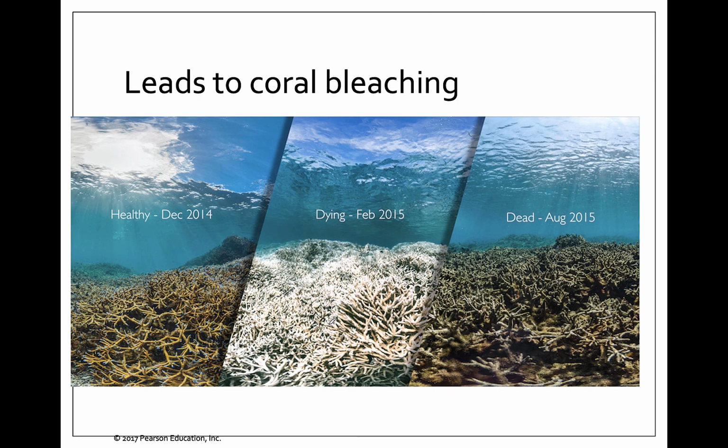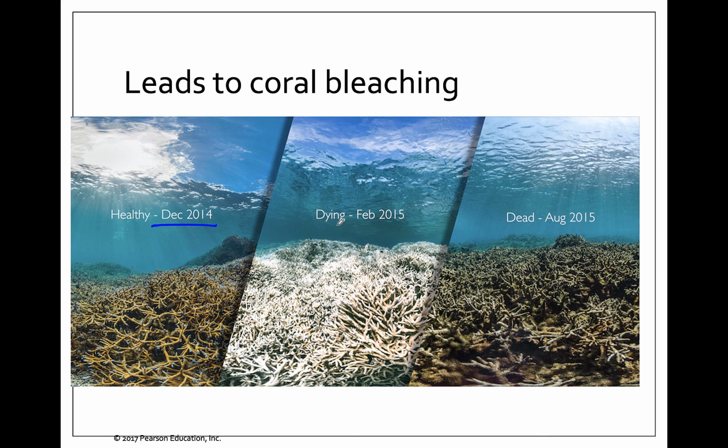So here's just an image of a coral reef from December 2014, where it was healthy, and you can see all the corals are alive here. Coral is a symbiotic organism where the actual structure is made out of calcium carbonate, and then they have algae or bacteria that live inside of them that give them their pretty colors.